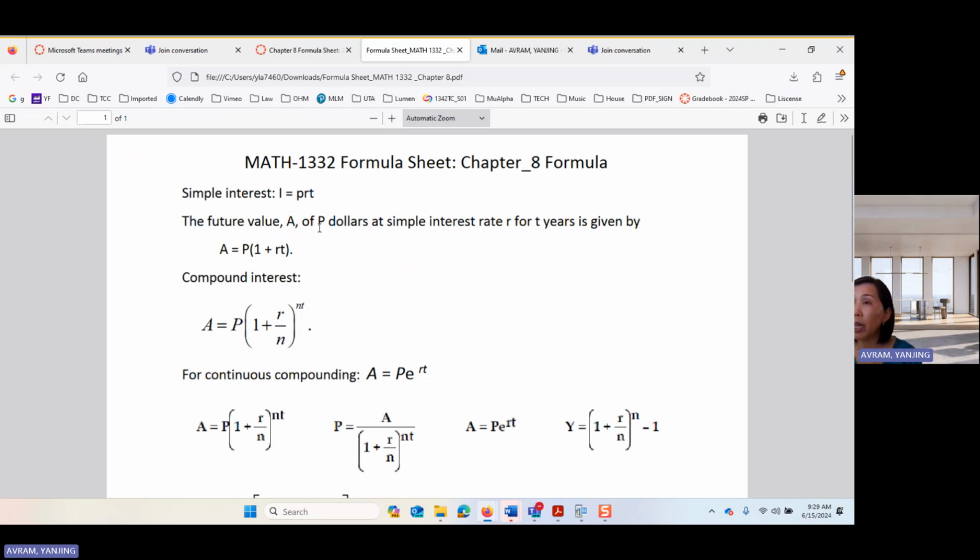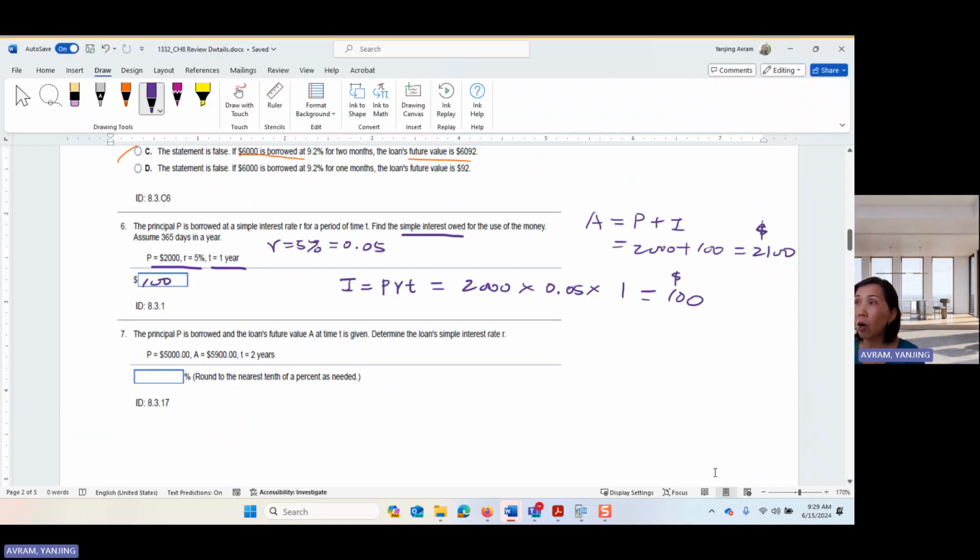The future value A and P at a simple interest rate R for T years is A equal to P times this one, or we can just use A is equal to P plus the interest, and the interest for simple interest is PRT.